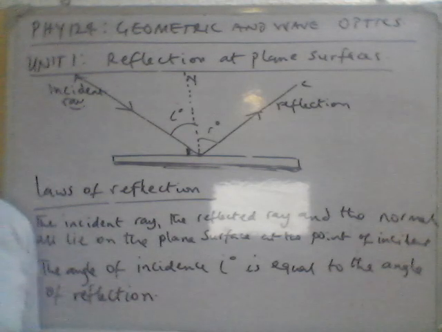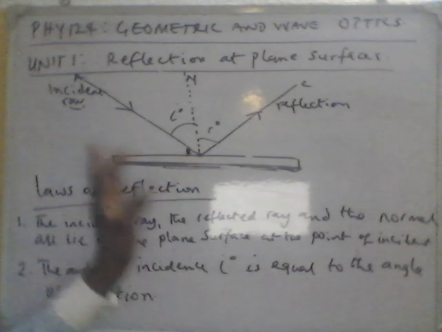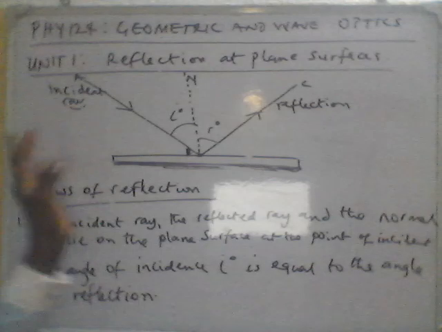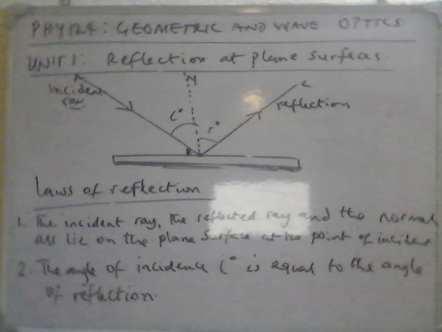So these two are the laws of reflection. This is true for all reflective surfaces, especially for a plane mirror, as long as the surface is reflective and plane, understand? By the time you start having bent surfaces, then there will be a problem.